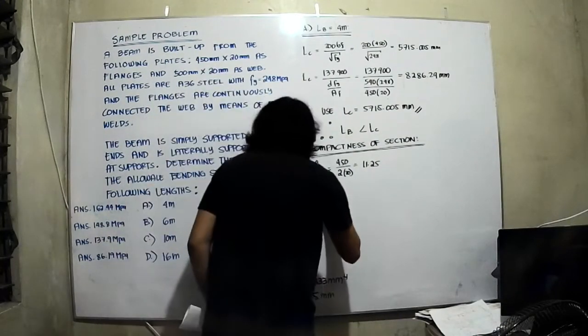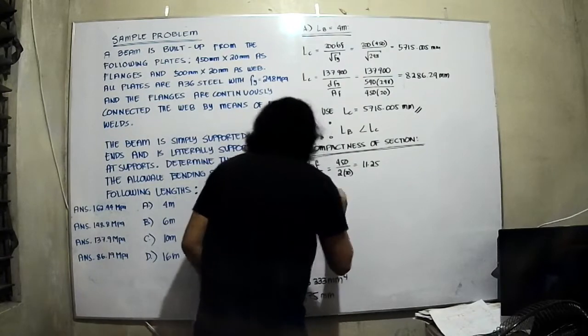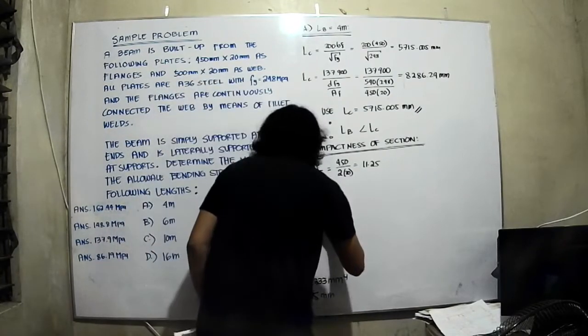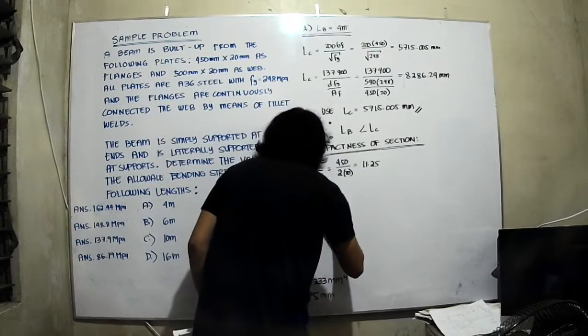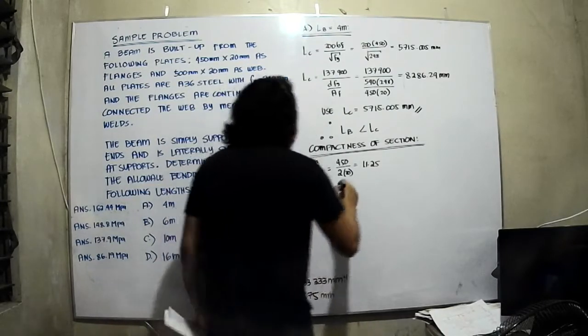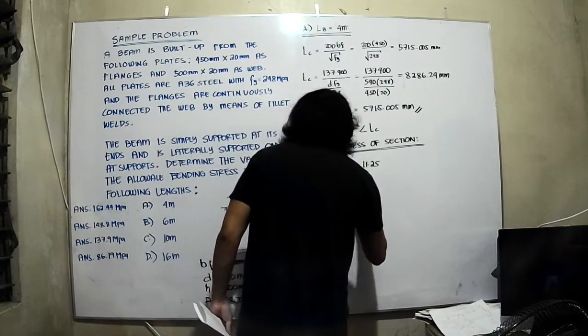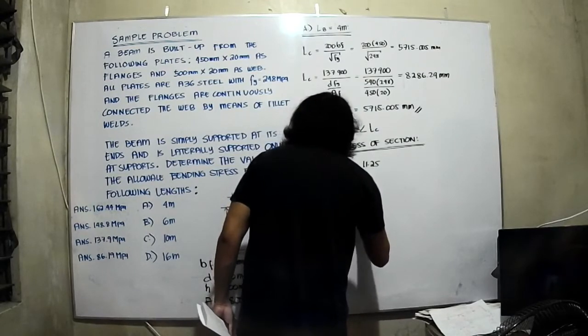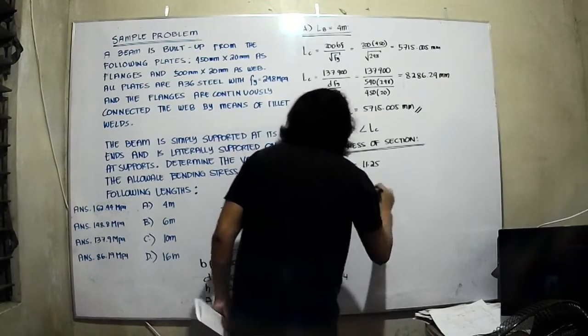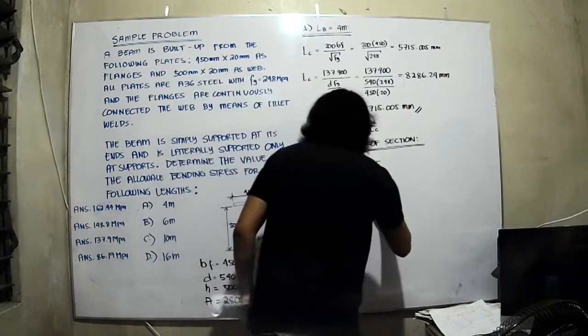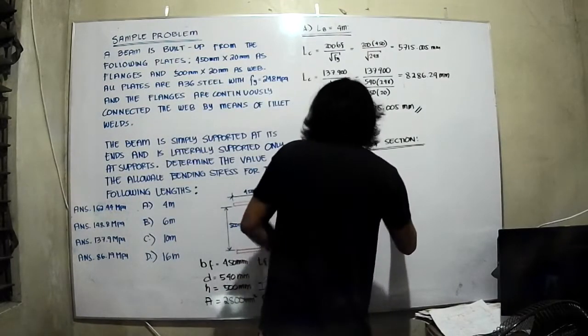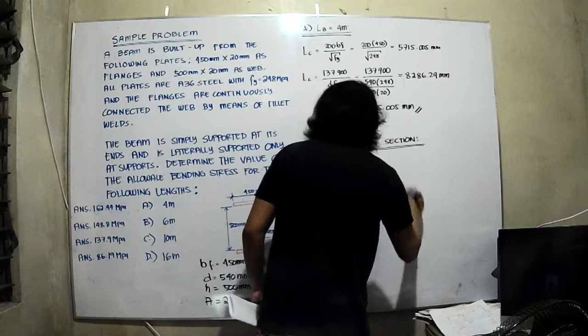Next we have 170 divided by square root of Fy. That is equal to 170 over square root of 248, which should be equal to 10.795. Okay.